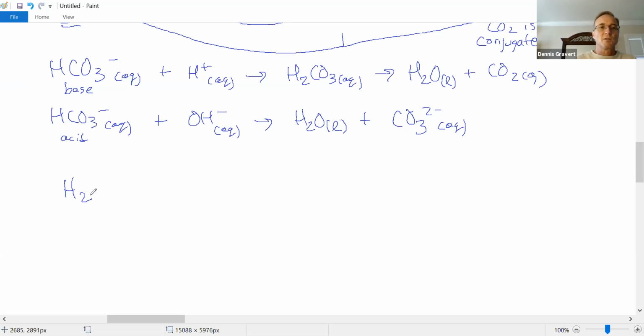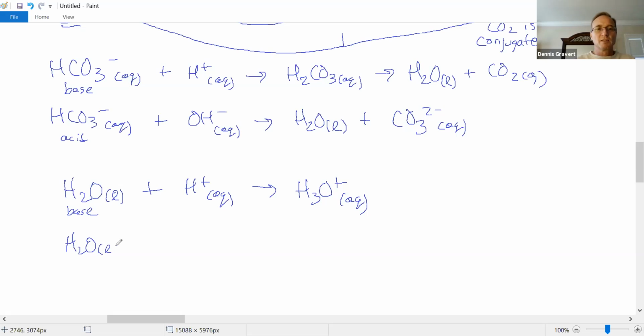So if we want to write a net ionic equation there, we could say, hey, water, if there's a strong acid around, water will be a base, form hydronium ion. And if water is around when there's a strong base, like hydroxide ion, then hydroxide will grab the H plus from water. Yeah, my handwriting got horrible there.